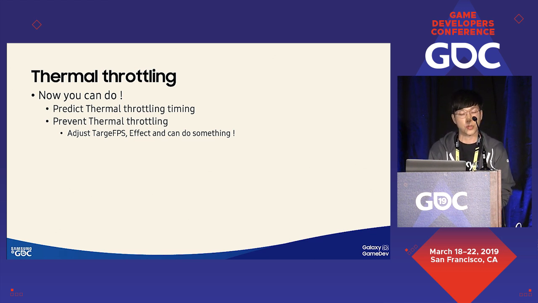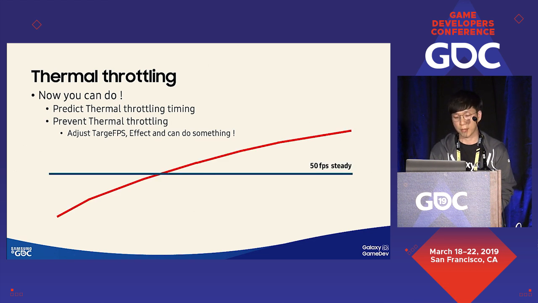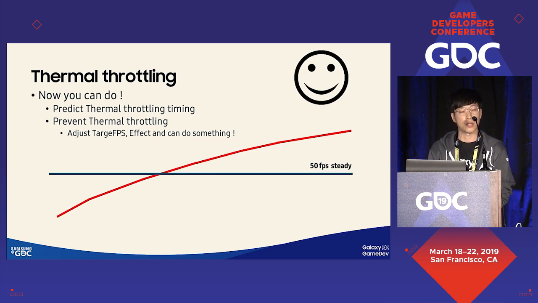So you predict thermal throttling, and you should prevent thermal throttling and performance degradation by adjusting target FPS and doing something in your game. So please maintain your game's performance, and your game won't hurt people's gameplay experience.